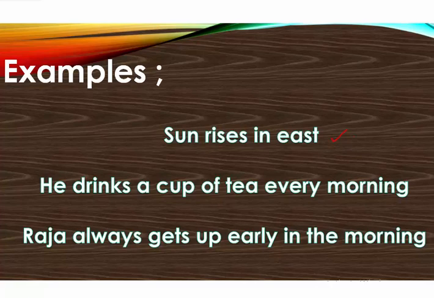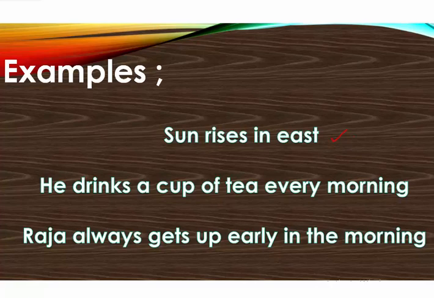See the second example. He drinks a cup of tea every morning. Every morning he drinks a cup of tea. So it's a habitual action. Continuously he is doing this every morning.